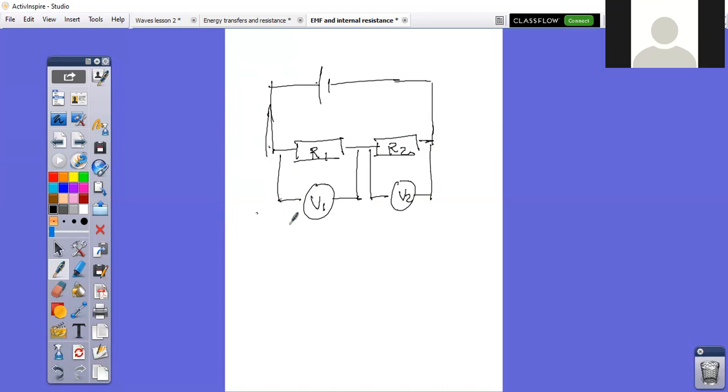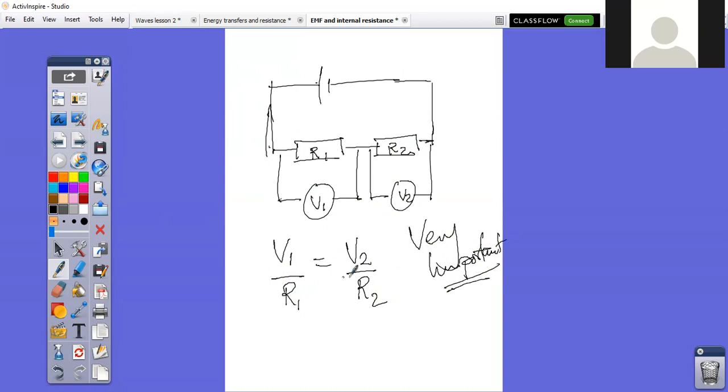Do you understand that V1 over R1 must be equal to V2 over R2? Yeah. Good. This is so important because it will make a world of difference when you start solving problems in terms of internal resistance.